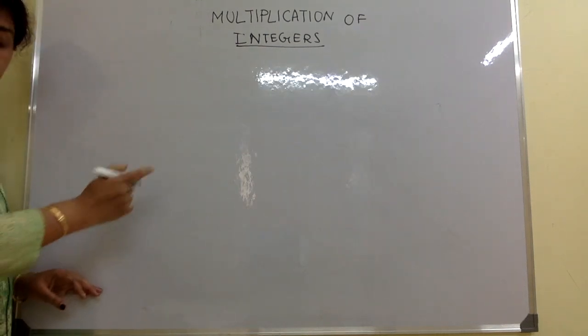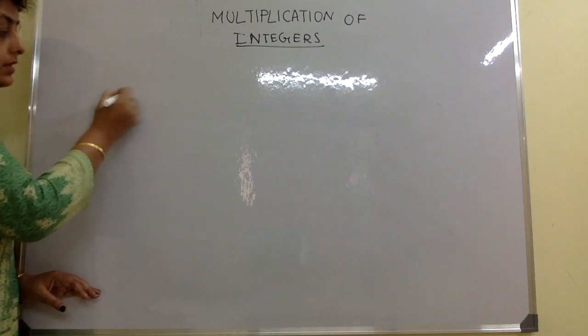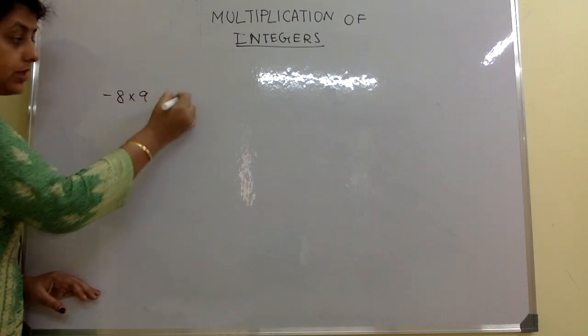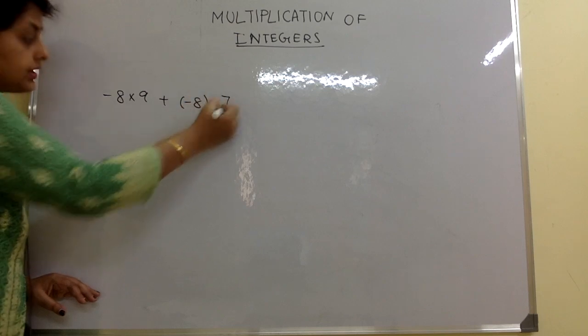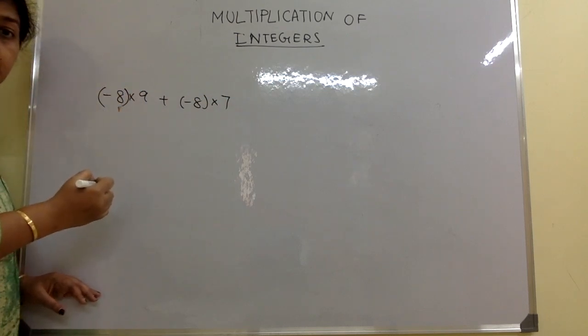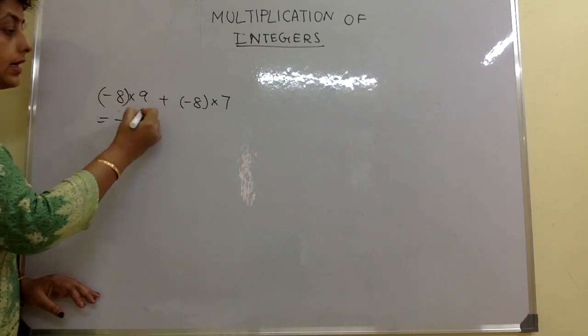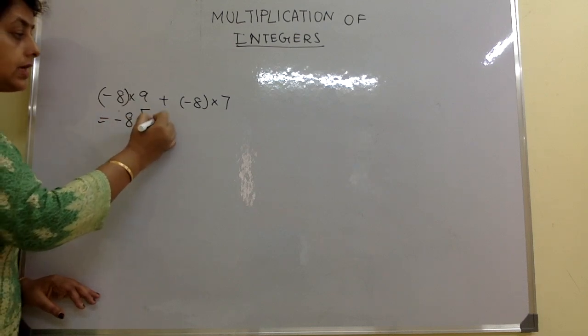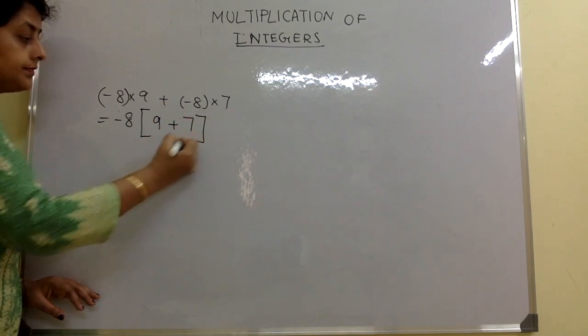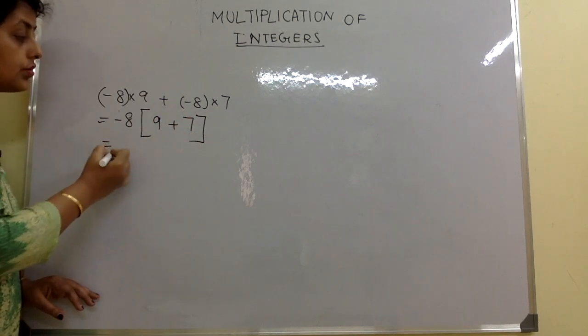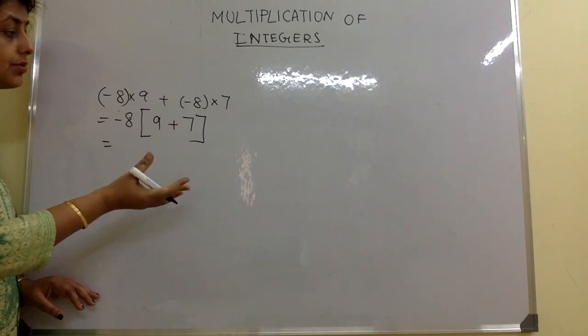Let me take this sum which says minus 8 into 9 plus minus 8 into 7. This is minus 8, and now it is 9 plus 7. So what have I used? I have used the distributive property.